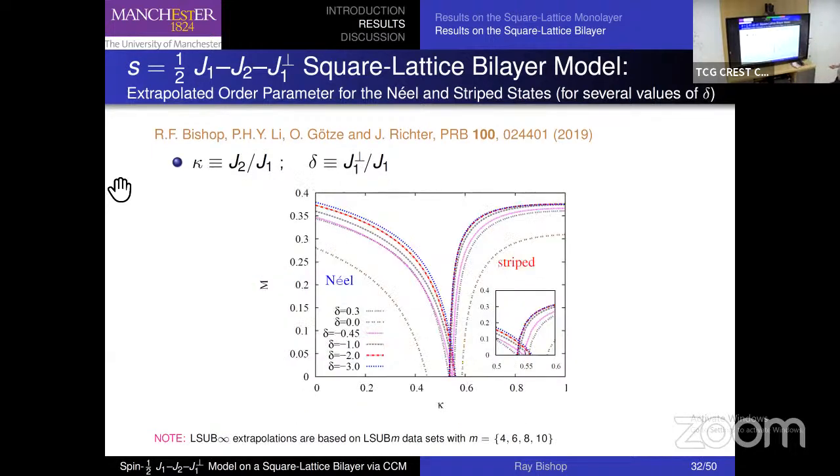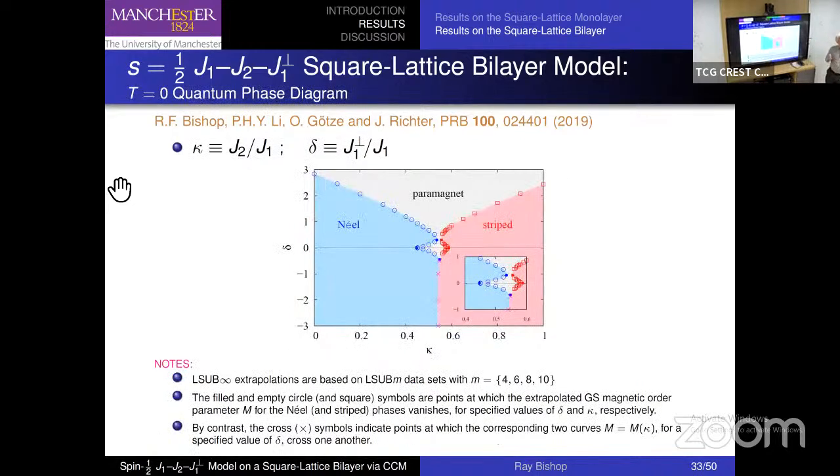You can do exactly the same thing by putting the two together and looking the other way around, plotting as a function of kappa for different values of delta. Ultimately, what you want to do is put all of this together and do a phase diagram. So I take all of those curves and I look where the order parameter disappears, and that's my phase boundary.